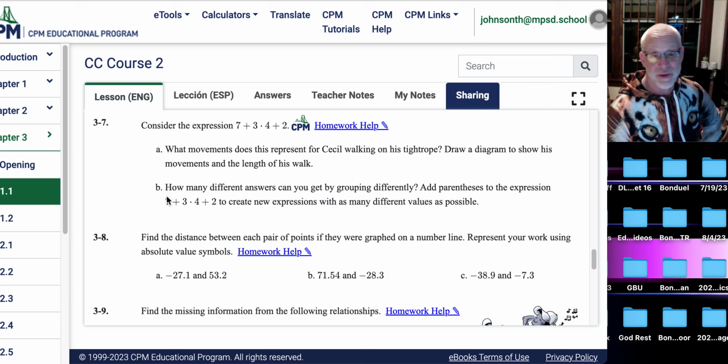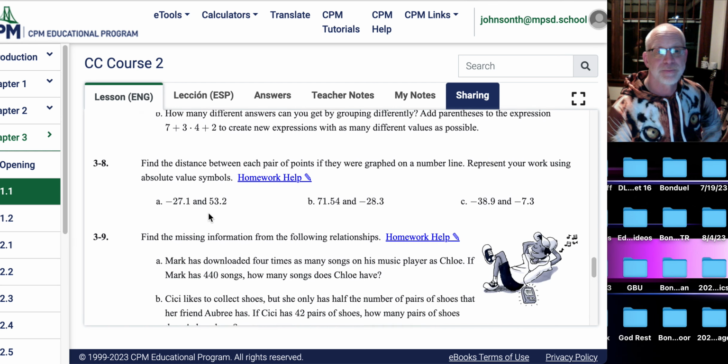I'm going to put this up there and go: parentheses 7 plus 3 parentheses times 4 plus 2. Then 7 plus parentheses 3 times 4 parentheses plus 2. Then 7 plus 3 parentheses 4 plus 2 parentheses. And we'll see what lengths those look like.